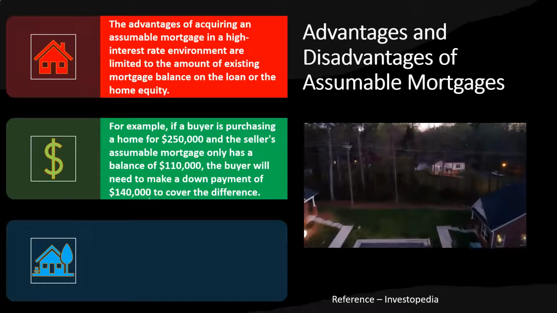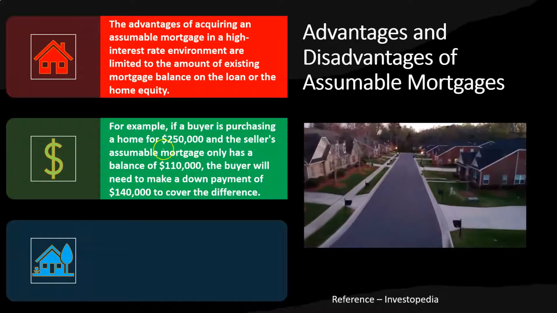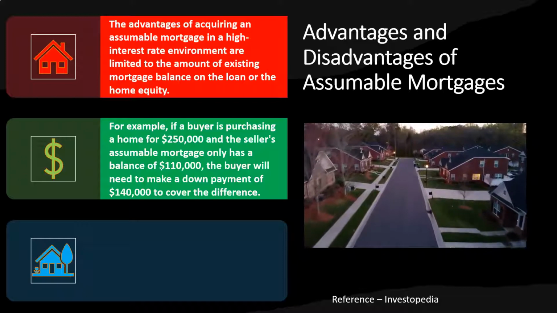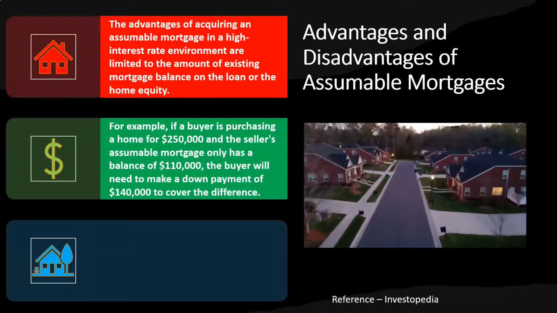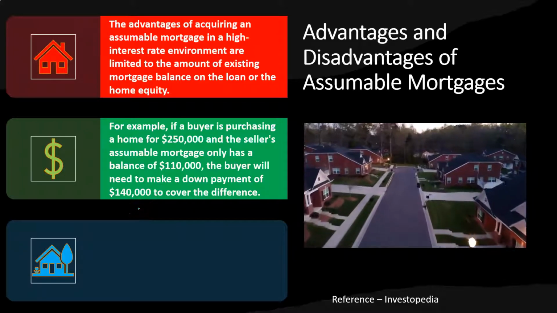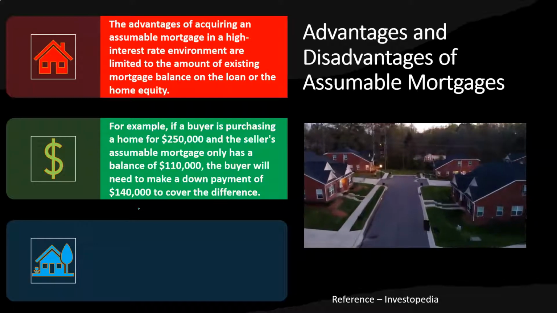Then to make things nice and easy, I'm just going to buy the property for $250,000. I'm going to assume your current mortgage and lock in that lower rate. But in order to do that, I'd have to pay $140,000, which is the difference, which of course is higher than the standard 20% down.